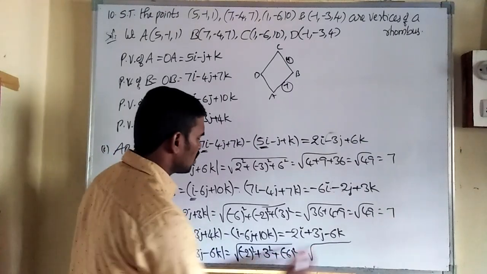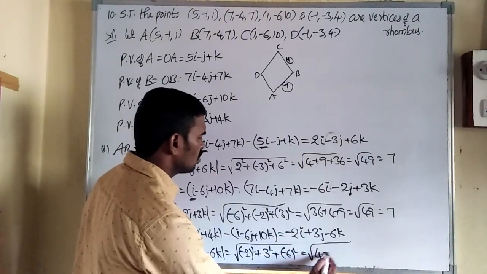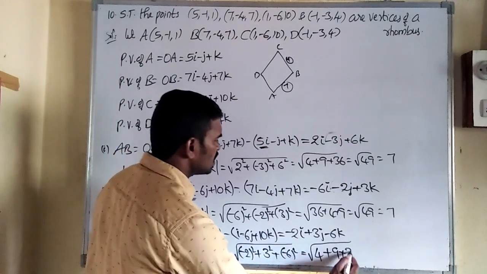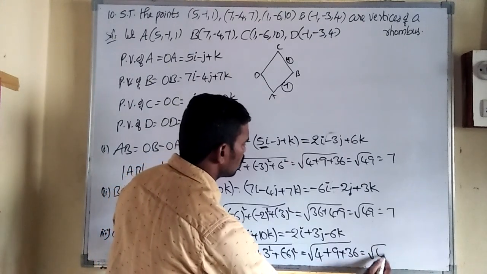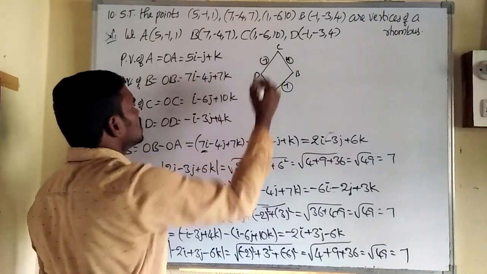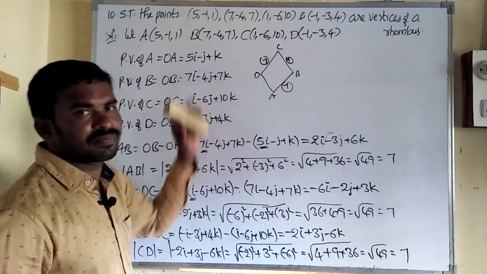Minus 2 whole square means 4, 3 square means 9, minus 6 whole square means 36. This is root 49, equal to 7. Of course, this side also we got 7. Next, find DA.